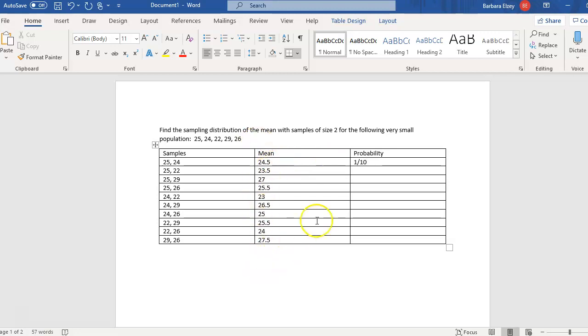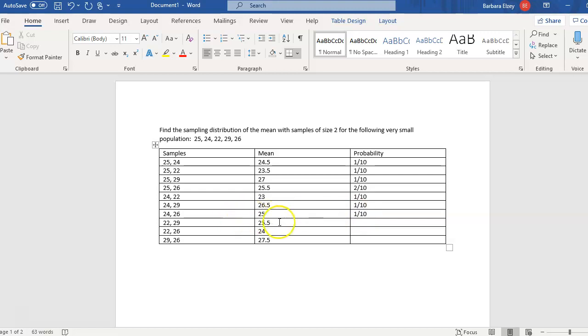23.5, again, doesn't occur a second time, so it's 1 out of 10. 27 only occurs once, so it's 1 out of 10. 25.5, however, occurs twice, so its probability is 2 out of 10. 23 occurs once, so its probability is 1 out of 10. 26.5 occurs once, so 1 out of 10. 25 occurs once, so 1 out of 10.